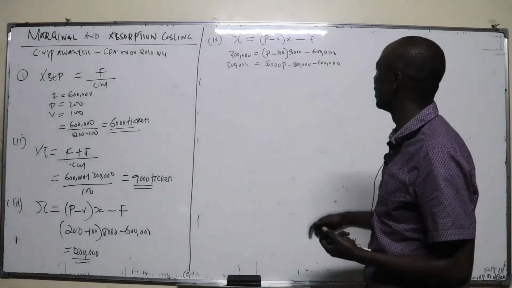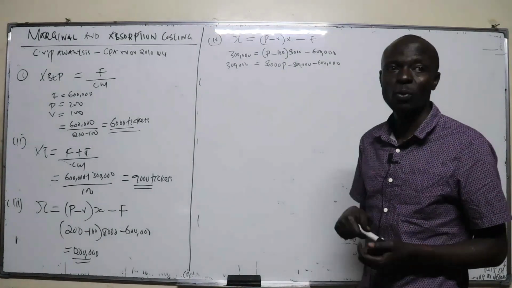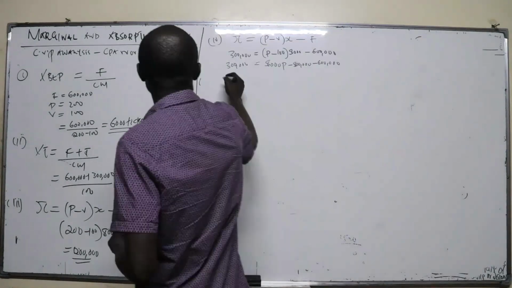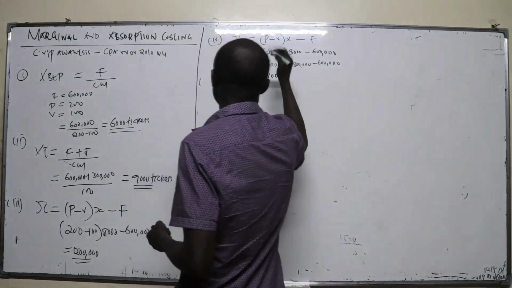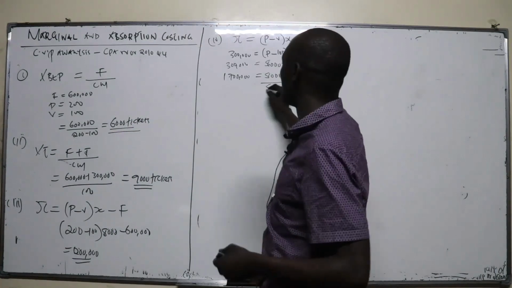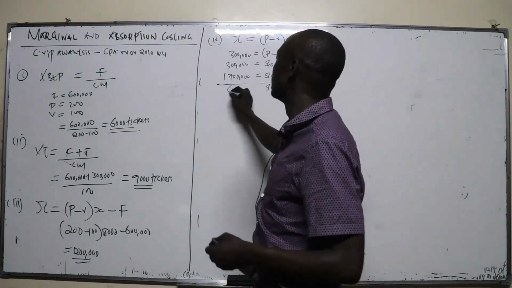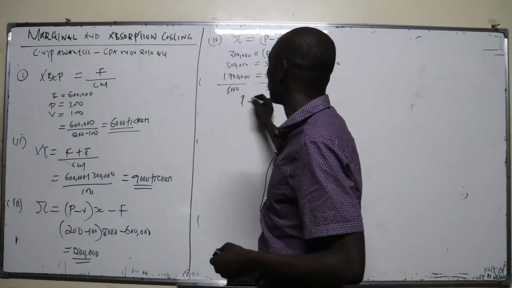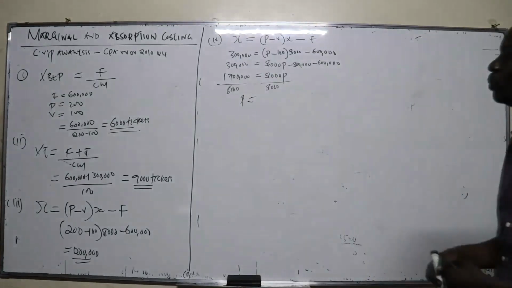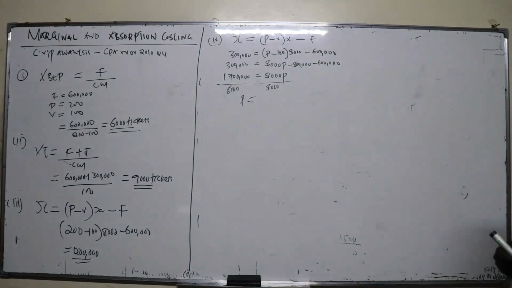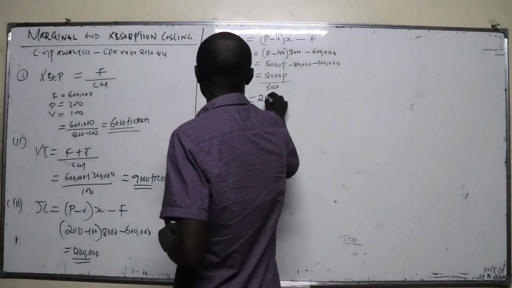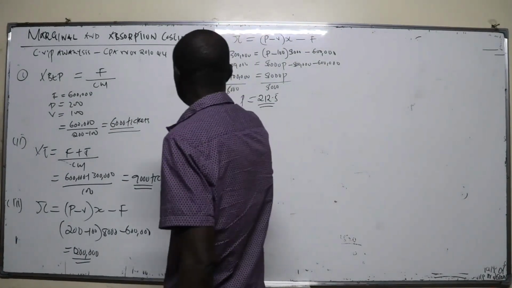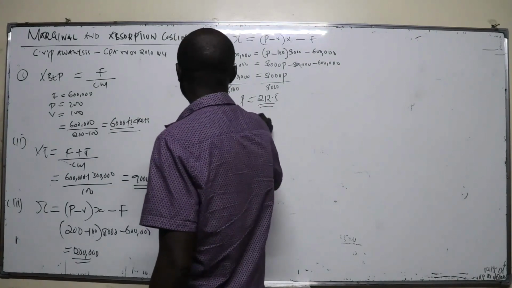So 800,000 plus 300,000, plus 600,000, gives 1,700,000, which is equal to 8,000 P. Then I will divide both sides by 8,000. So the selling price will be how much? $212.5.